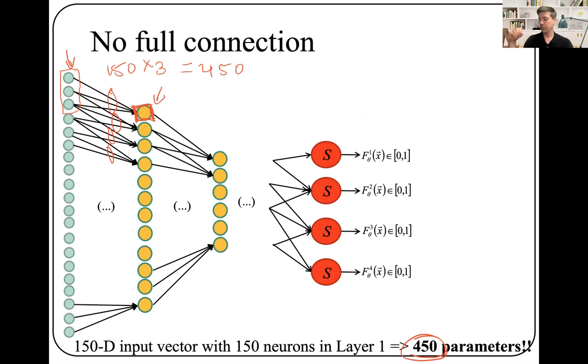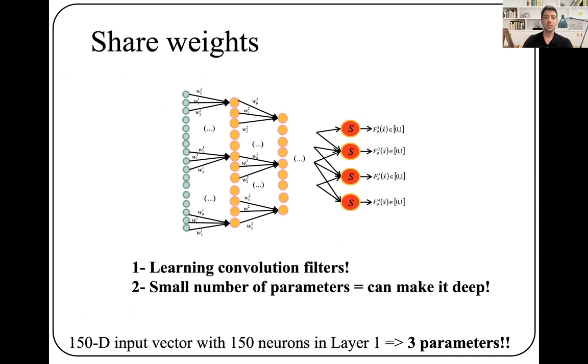Well, there is a solution, and that solution is to simply share the weights. What does that mean? It means that we keep the same connections between the neurons. This neuron is still connected to the same neurons. So each neuron is connected to 3 neurons.